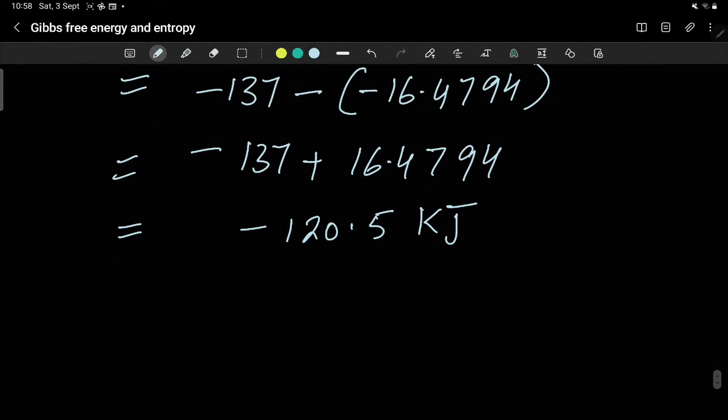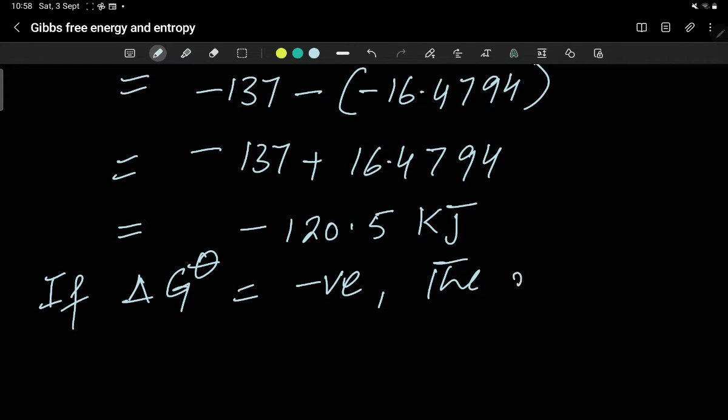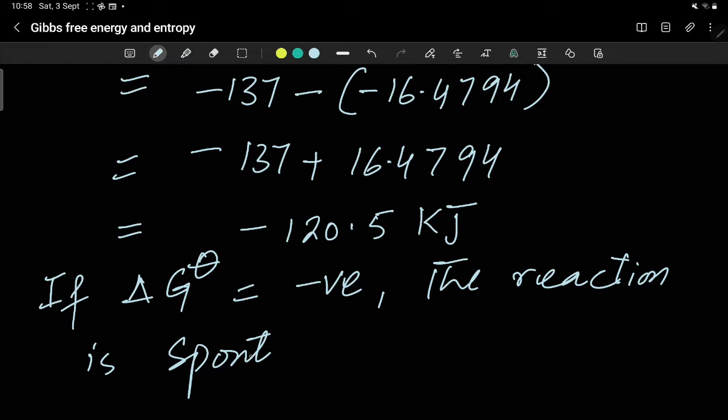So if the delta G, the Gibbs free energy, is negative, the reaction is spontaneous or feasible.